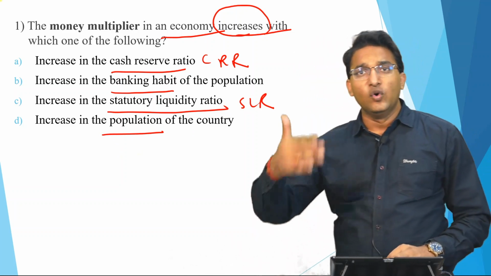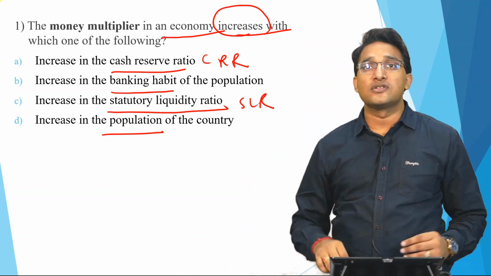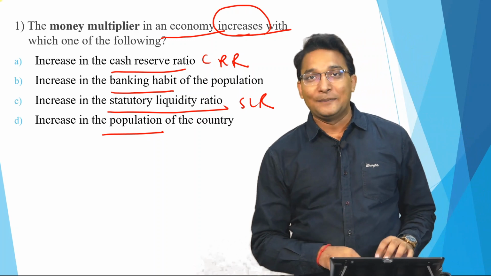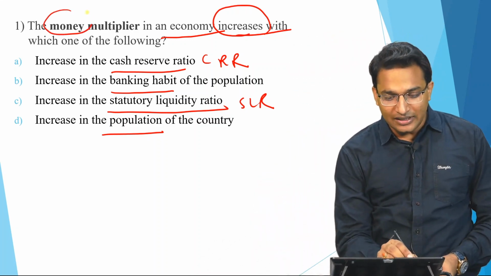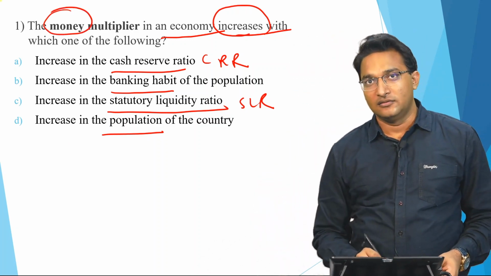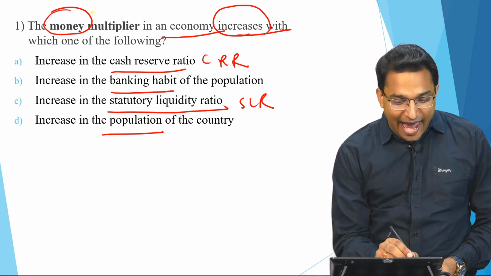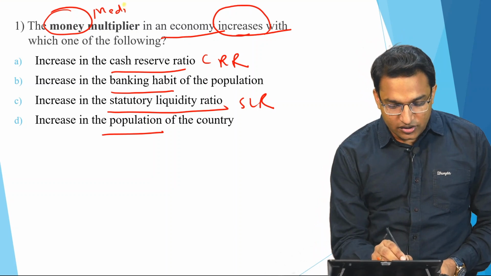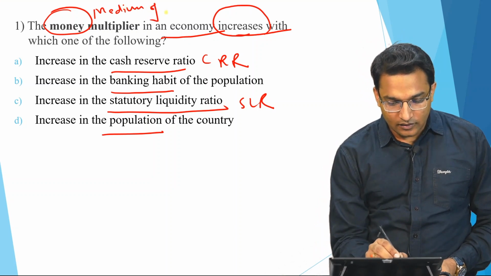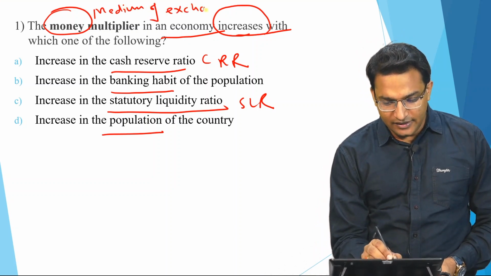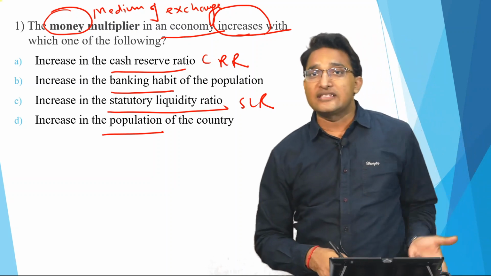So before we move ahead, first let us understand the concept of money multiplier. First of all, what is money? Money is something for which we can exchange another thing. So this is acting as a medium of exchange. So it can be in the form of currency.